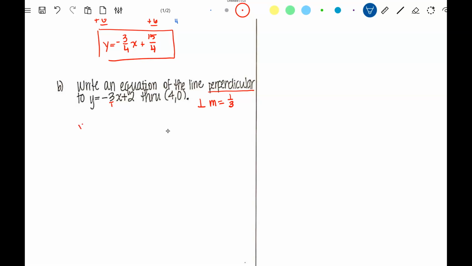So y minus y1, which is 0, equals 1/3 times x minus 4. Y minus 0 is y. 1/3 times x is 1/3 x. 1/3 times negative 4 is negative 4/3. Those two lines are perpendicular.